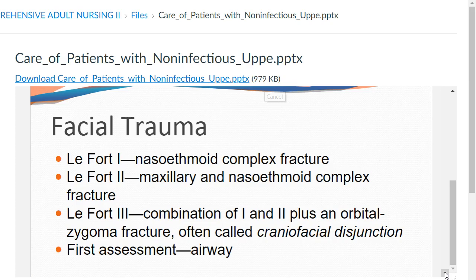All right, the next one we're going to talk about is facial trauma, and this can definitely be a very serious situation. And as you can see, depending on how severe the trauma is, we categorize what type of trauma the patient has experienced by what particular bones in the face are fractured. A Lefort 1, a Lefort 2, a Lefort 3, and obviously the first assessment is airway.